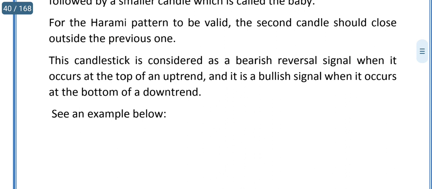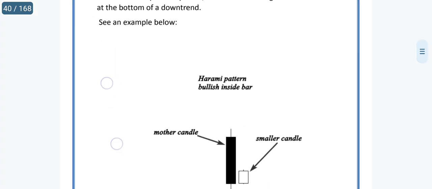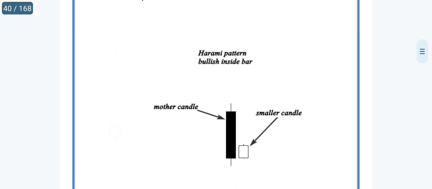This candlestick pattern is considered as a bearish reversal signal when it occurs at the top of an uptrend, and it is a bullish signal when it occurs at the bottom of a downtrend. You can see in the illustration below.